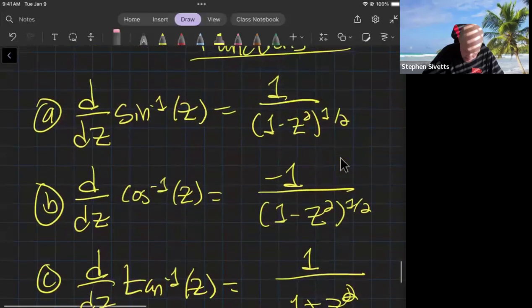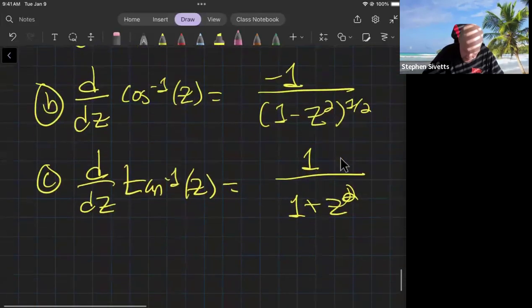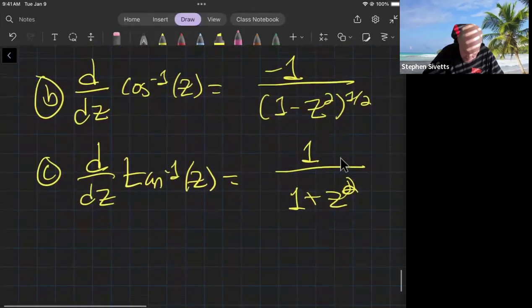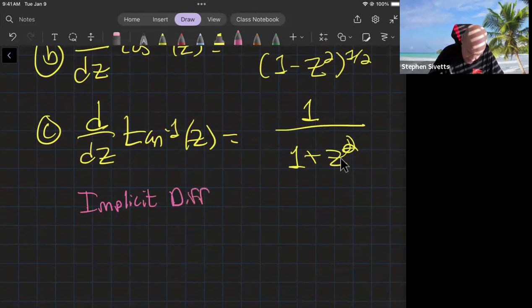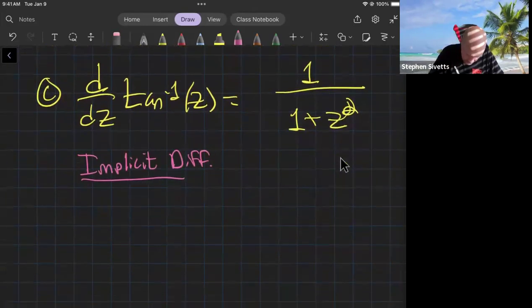Okay, so to show the proof of these derivatives of the inverse functions, it goes back to implicit differentiation, right? Implicit differentiation you've seen in calculus, right? So I'm going to do this for sine of z, okay?